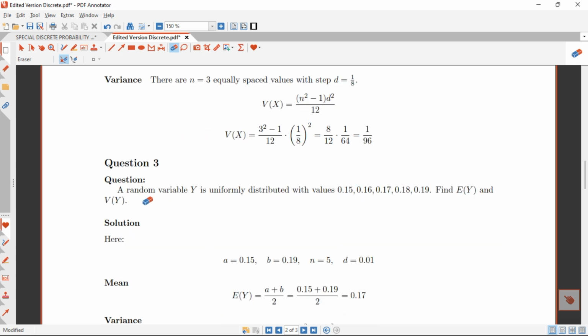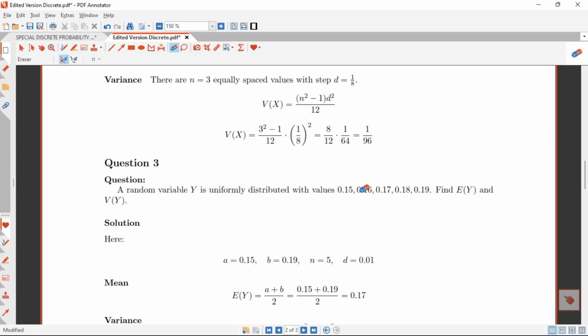Question 3 says a random variable y is uniformly distributed with values 0.15, 0.16, 0.17, 0.18, 0.19, and we should find the expectation and the variance of the random variable y. We know that our values are not consecutive integers.